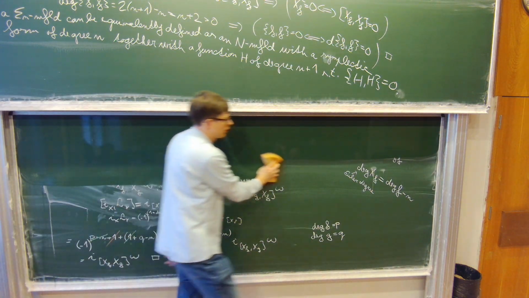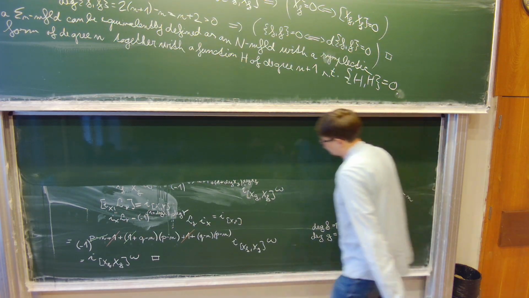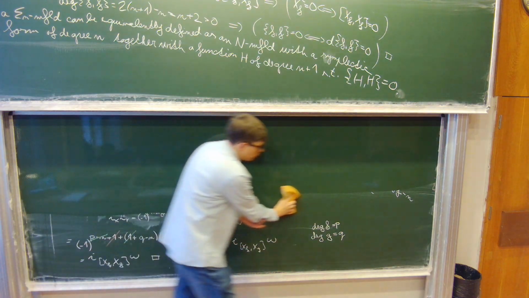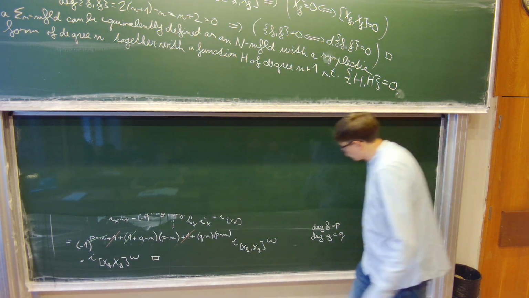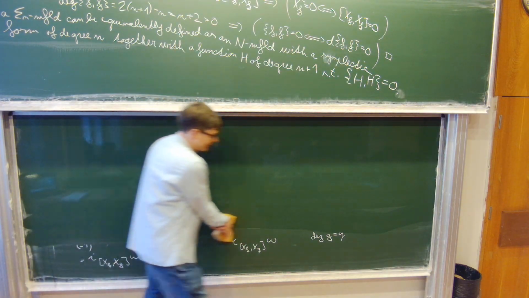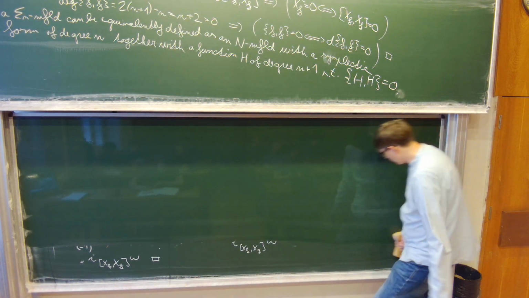So it's good to define an analog here, and there's a notion called lambda structure. Lambda standing for Lagrangian, just as sigma stands for symplectic.